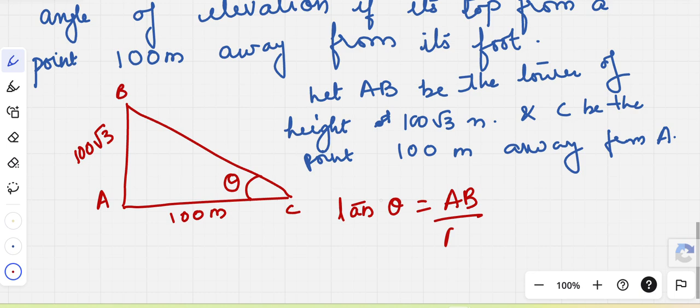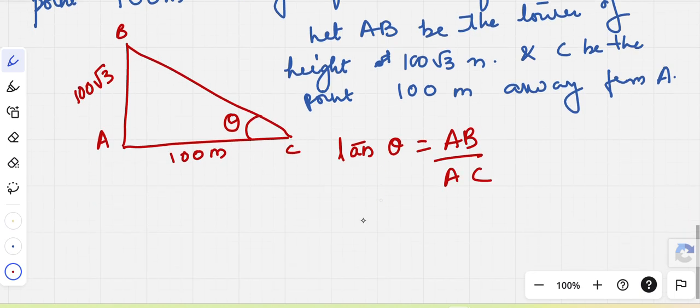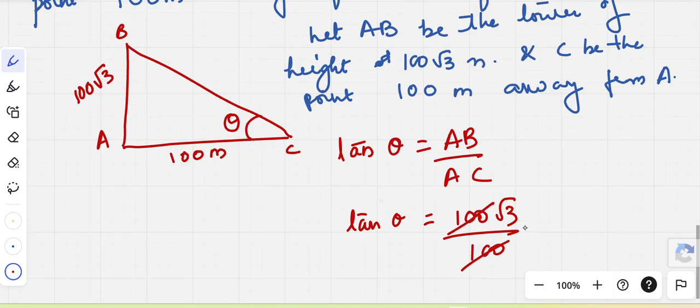Did anybody get the answer? Tan theta equal to 100 root 3 by 100. 100 and 100 cancel. Tan theta equal to root 3.